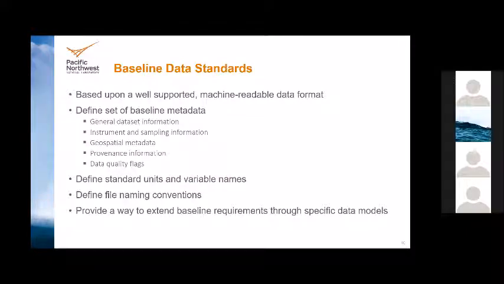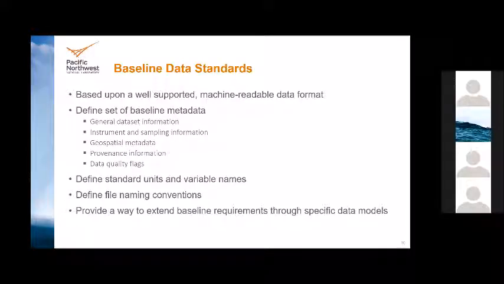Specifically, if these tests were run, and if some of them were marked as suspect, we want to be able to identify that. And then we also want to cover the general standard unit conventions and variable naming conventions, and definitely file naming conventions, so that it's easy to tell what's in a file just by the name.